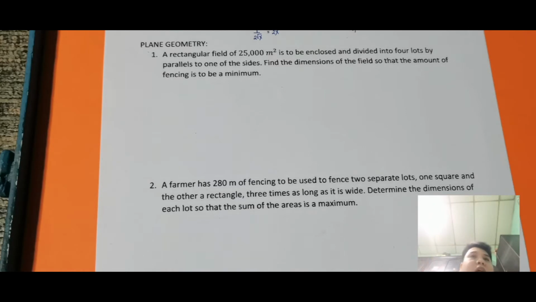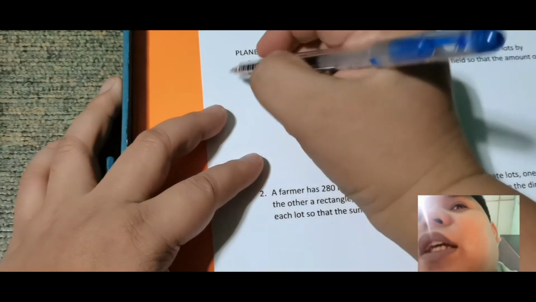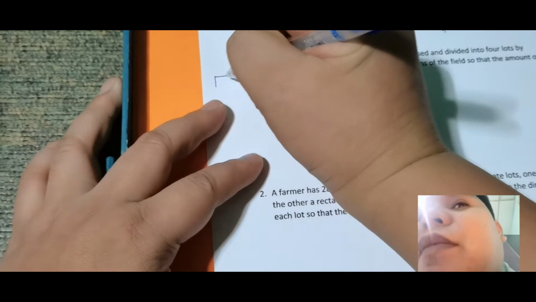Na i-enclose daw natin, so i-divide natin into 4 lots, wherein parallel yung side ng 4 na lots. So hindi tayo magdi-divide ng something na square, na hinati natin sa 4 na rectangle na kakaiba. So ulitin ko, hindi tayo magdi-divide ng ganito.